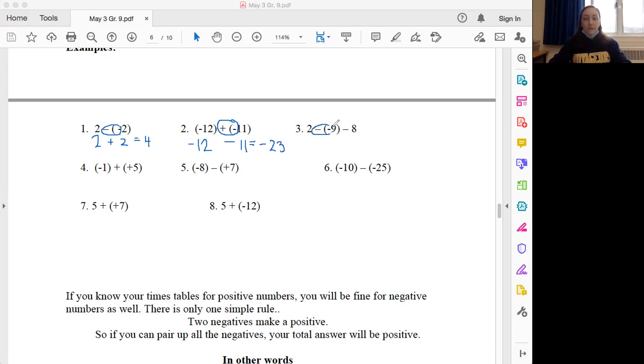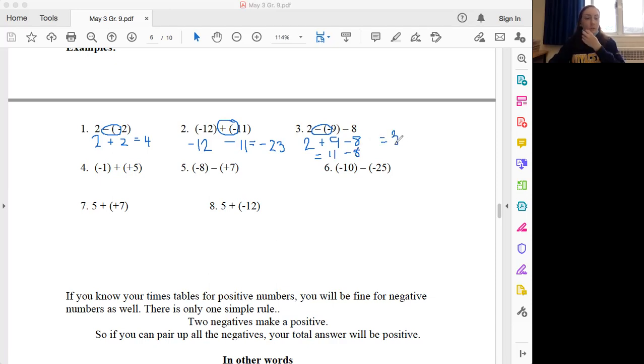Here we only have one area that has 2 signs beside each other. So you won't have to do anything with this sign here, but this one becomes a positive because 2 negatives come together and make a positive. Okay, so you're going to start from left to right. So you're going to start with -2 plus 9, which is 11. And then -8, which will be 3.